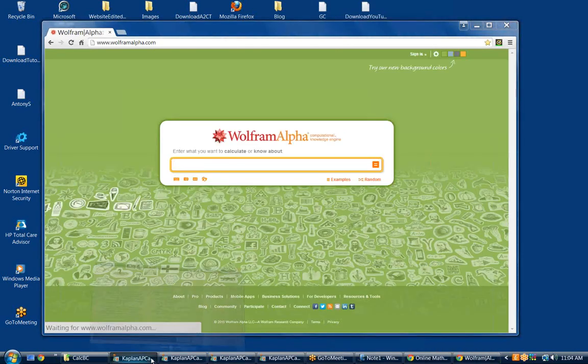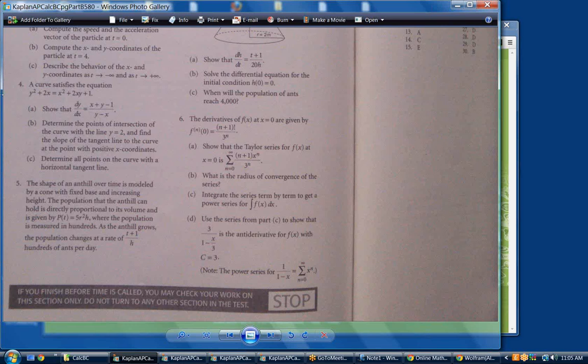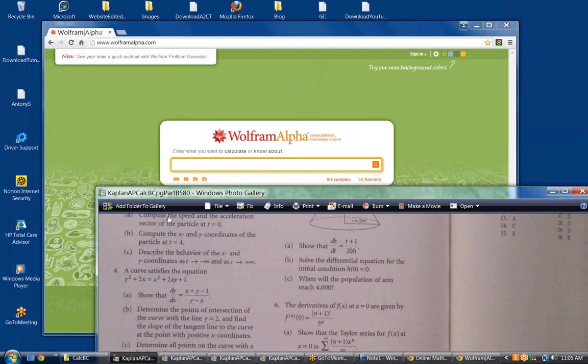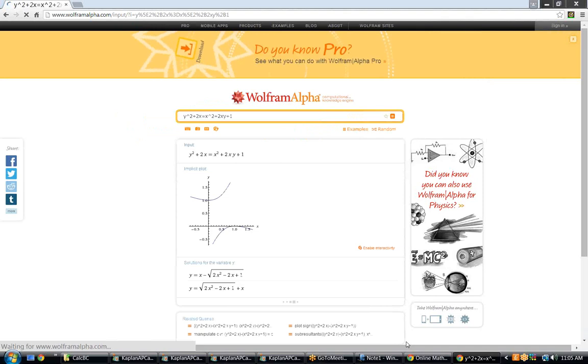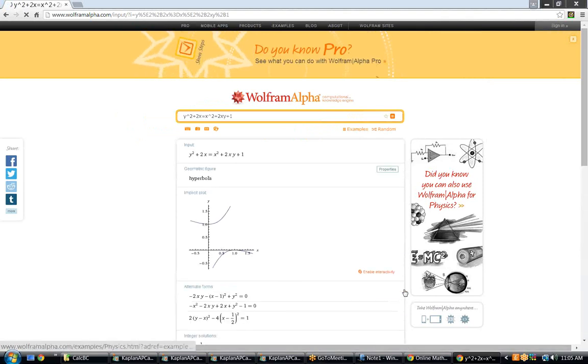So this function should be a hyperbola that's rotated, and we'll see if they have the ability to graph it. y squared plus 2x equals x squared plus 2xy plus 1. It is. It's a rotated hyperbola.